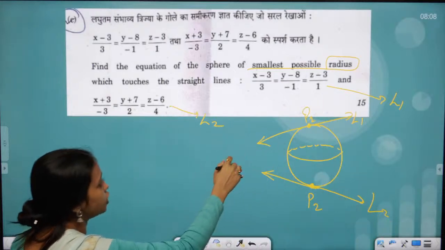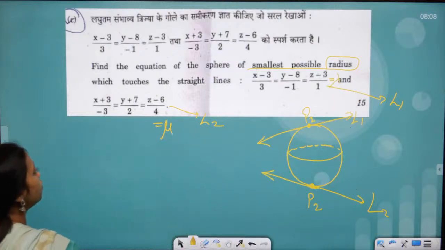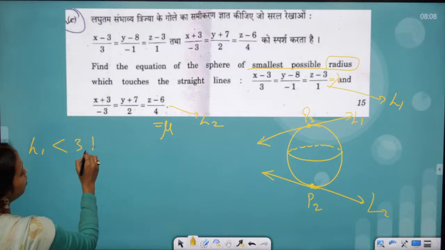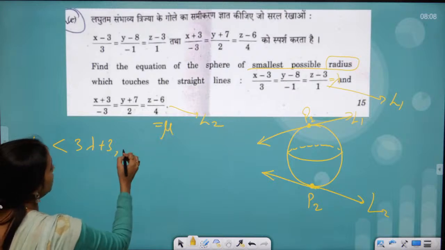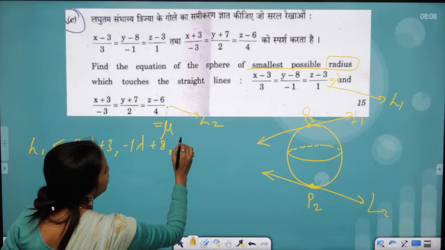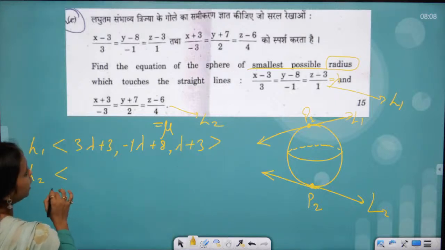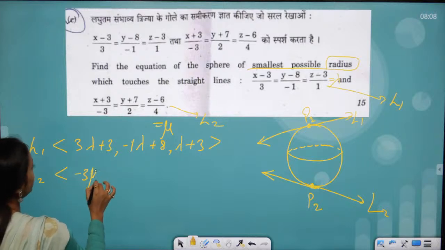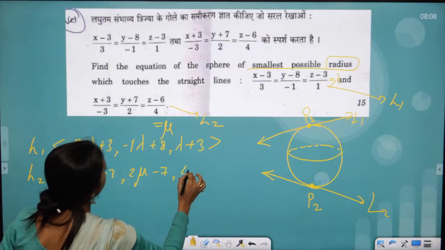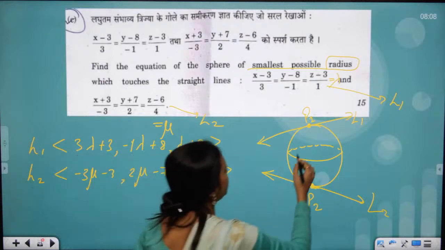So, one basic observation, if you equate it with let us say lambda and if you equate it with let us say mu, so L1 is generated by 3 lambda plus 3 for the first one, minus 1 lambda plus 8 and lambda plus 3. For L2 it would be minus 3 mu minus 3, 2 mu minus 7 and 4 mu plus 6. Basic observations.